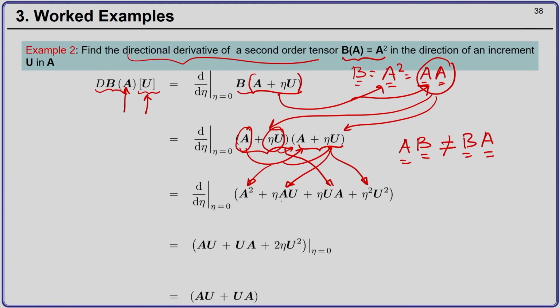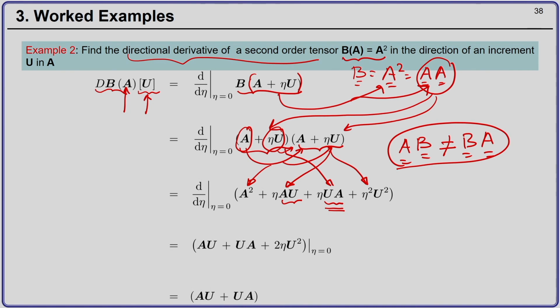Now you have seen we have A U and U A. I cannot write this also as U A U. It will be wrong to do it, because of this property.